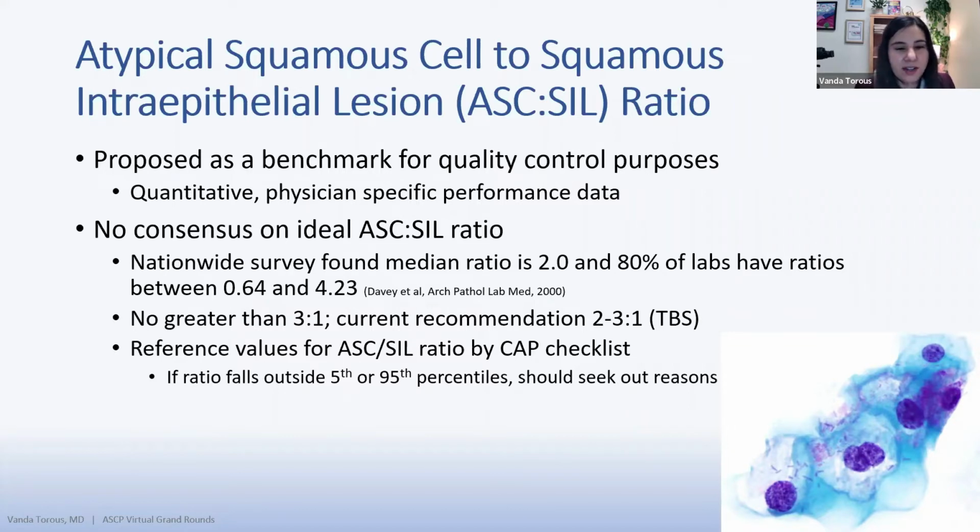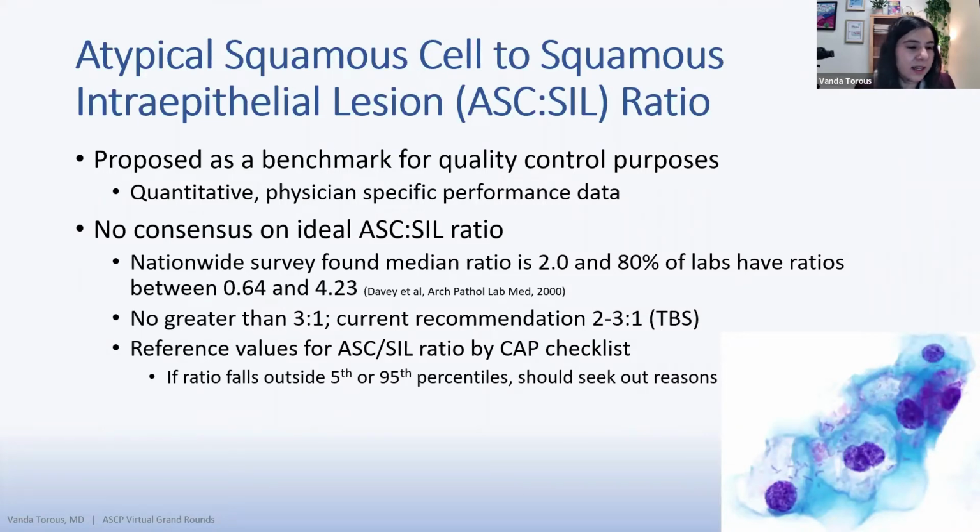The median ratio has been found to be about 2, and most laboratories range between 0.64 and 4.2. Generally, it's regarded that the ratio shouldn't be more than about 3 to 1, or at least that's the target. And the current recommendation by the Bethesda system is about 2 to 3 to 1.